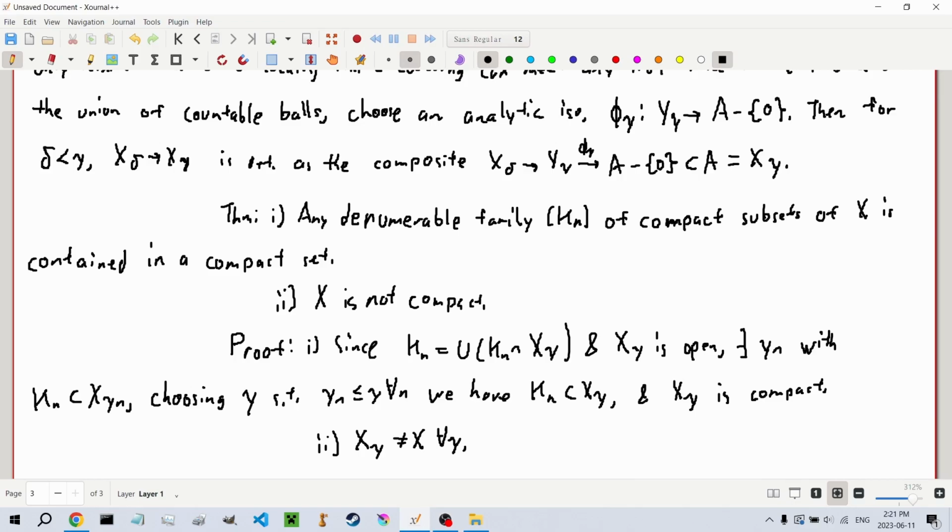And with that, we're a little under time, but that's the end of this section. I didn't technically show it's not paracompact, but that's left as an exercise. I will leave that to you.